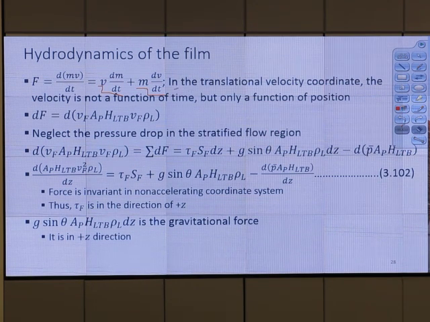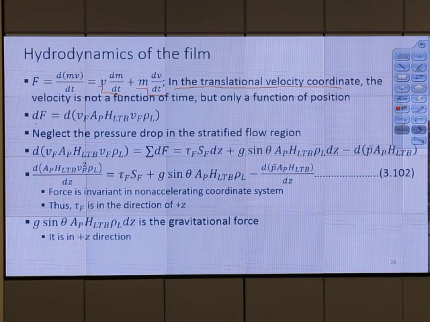So I put here that in the translational velocity coordinate, the velocity is not a function of time, but only a function of position. Make sense? The moving observer will see the velocity at that location to be the same every time. Okay? Because everything is frozen with respect to the moving observer.